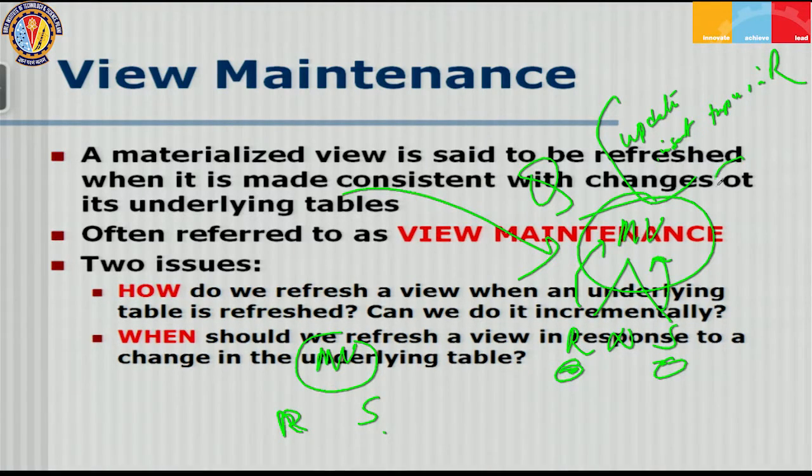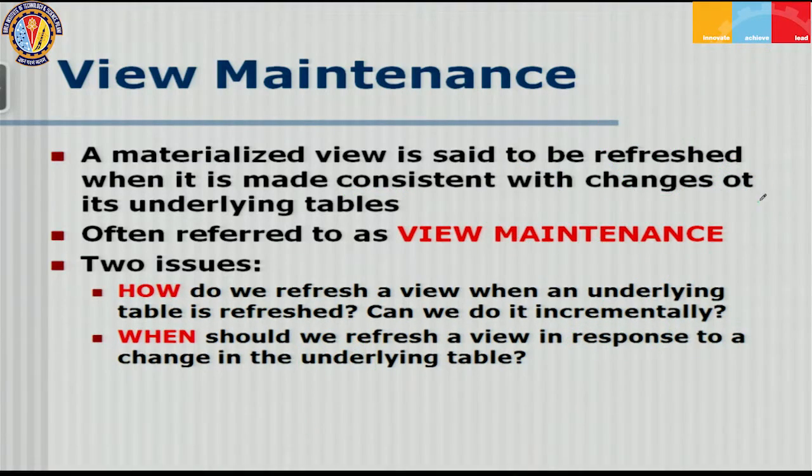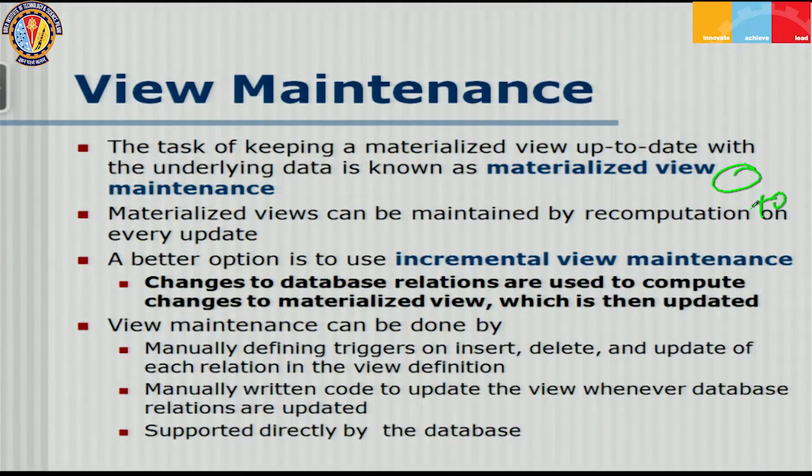This is often referred to as view maintenance. So there are two basic issues: how do we refresh, and when do we refresh? We'll try to answer all these questions in the coming slides. The task of keeping a materialized view up to date with the underlying tables is known as materialized view maintenance, or simply view maintenance.